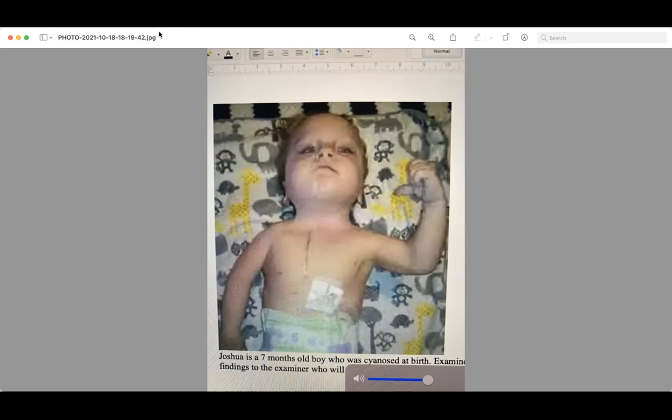So how will you proceed with this now? How will you manage further? First of all, we will have to educate the parents about the diagnosis and the prognosis as well. He will be kept in follow-up with the cardiologist, and we will tell them about some precautions, like the diet.